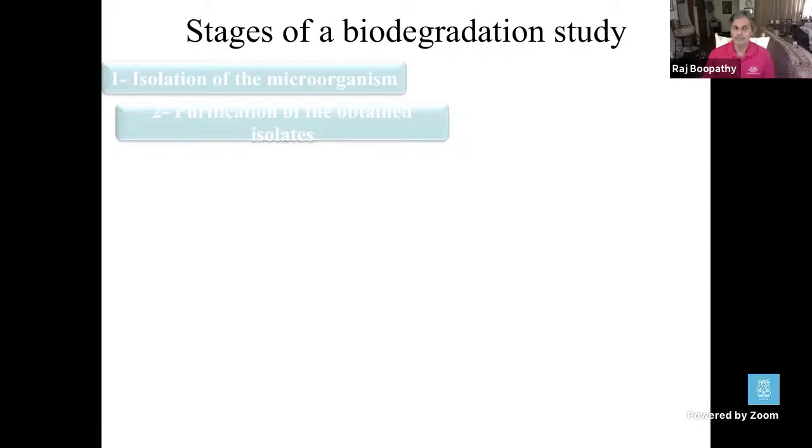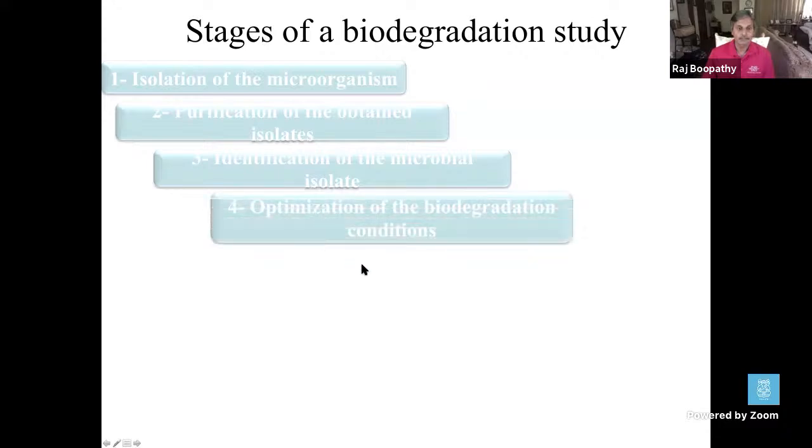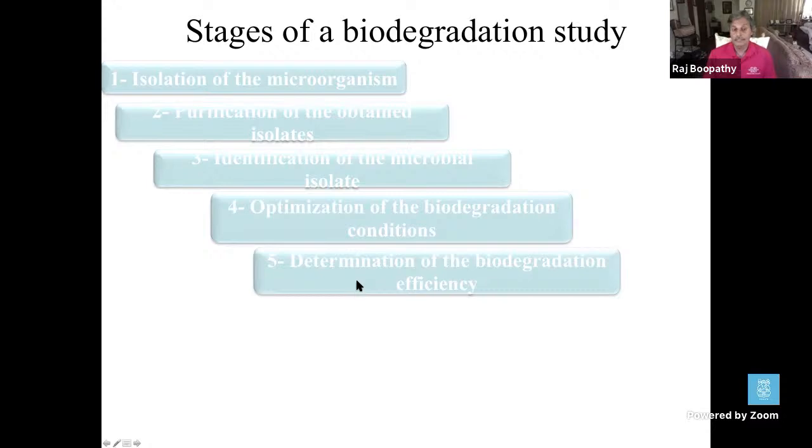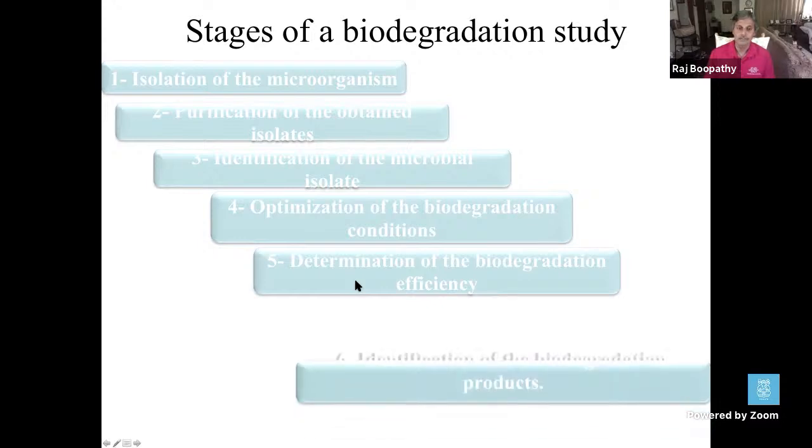So you take some samples, take them to the lab, isolate, and look for the organisms, and identify the microbial isolate. And then optimization of degradation conditions, you need to determine the efficiency of your microbial consortium.